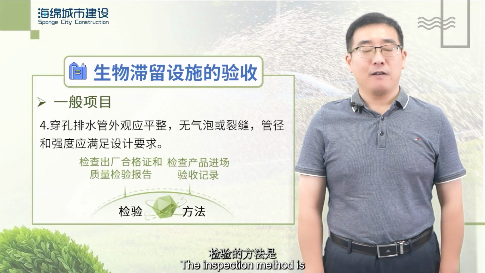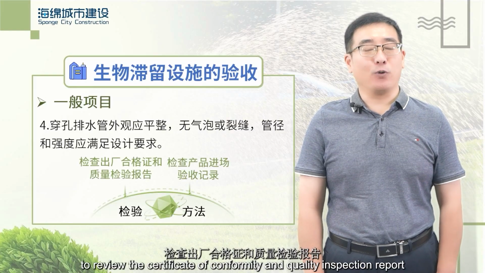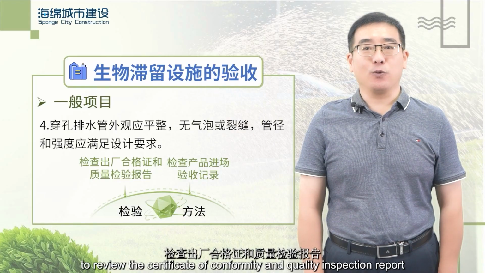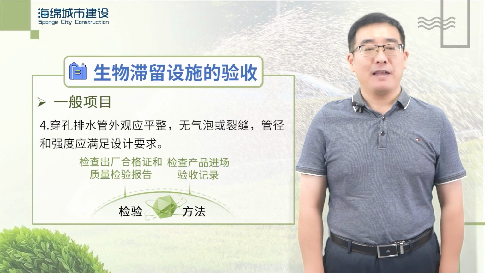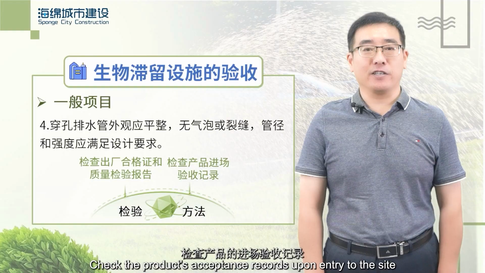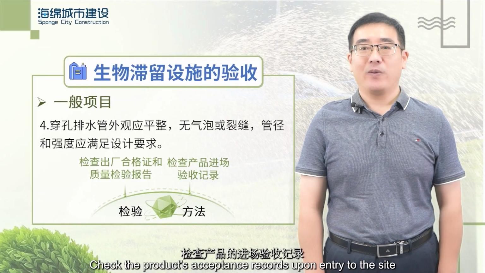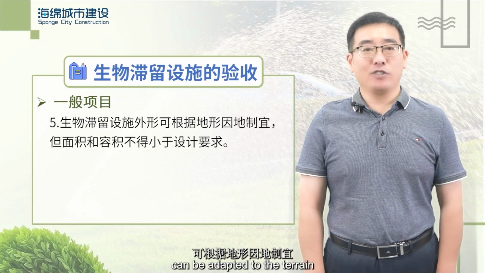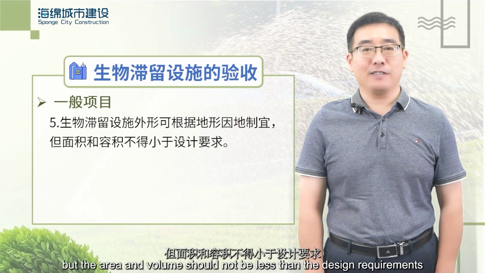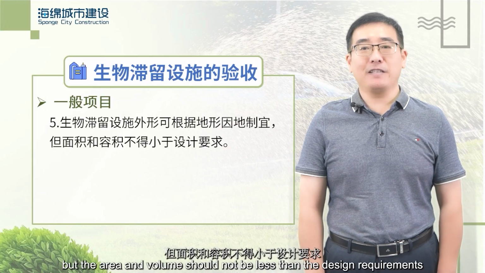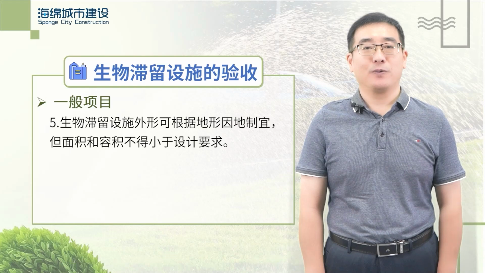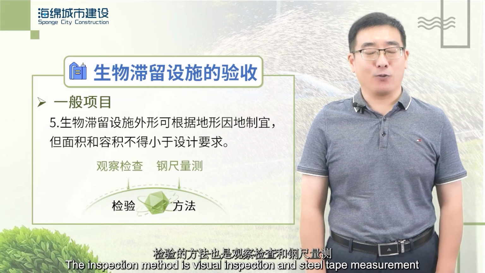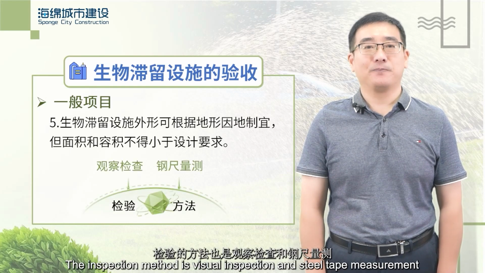The inspection method is to review the certificate of conformity and quality inspection report. Check the product's acceptance records upon entry to the site. The bioretention facility shape can be adapted to the terrain, but the area and volume should not be less than the design requirements. The inspection method is visual inspection and steel tape measurement.